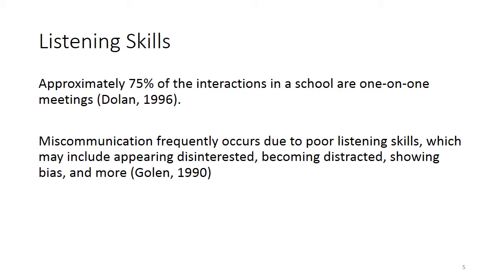Sometimes you are very interested in what the person is having to say, but perhaps you're a bit distracted. Maybe as an administrator, you're listening to your teacher, and you've got the next appointment in your head, and you've got your child's soccer league practice coming up, and you're distracted. So you're not really paying attention to what's being said. Sometimes you might be showing bias.